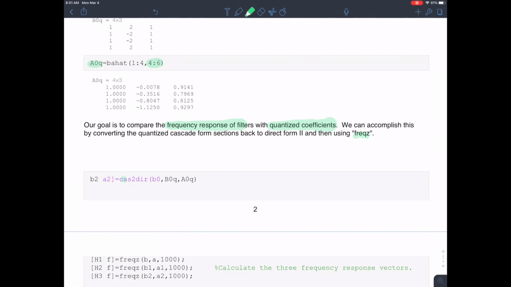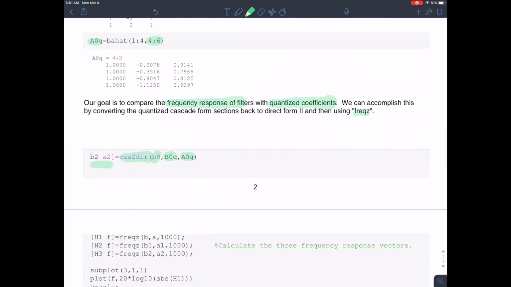We use the opposite direction. We go from cascade to direct. We factor in our scale factor B0, which we already calculated when we did the original conversion, and plug in their quantized cascade biquad coefficients. Okay, so that leaves us with B2 and A2.